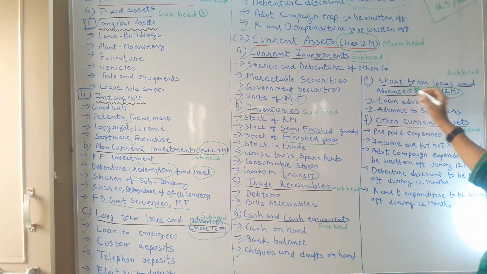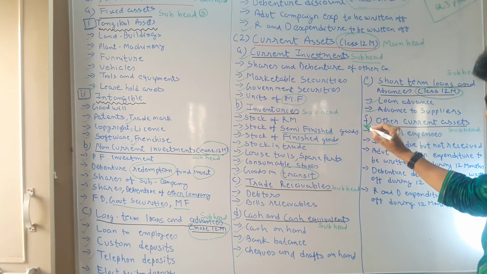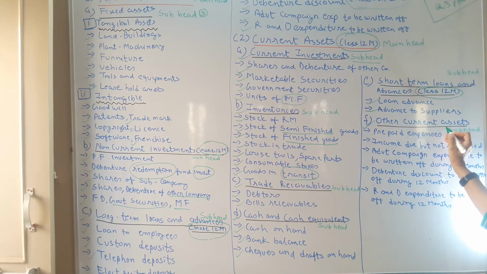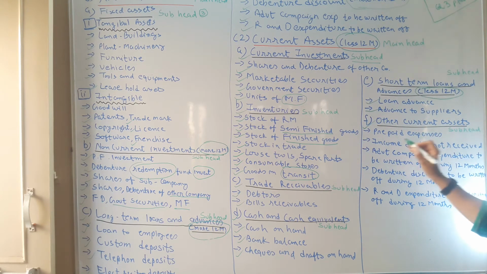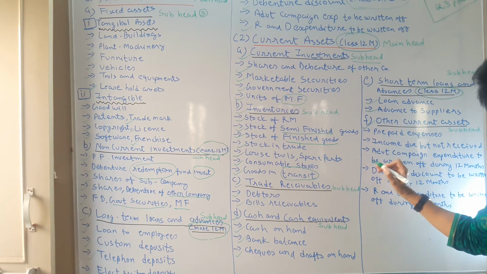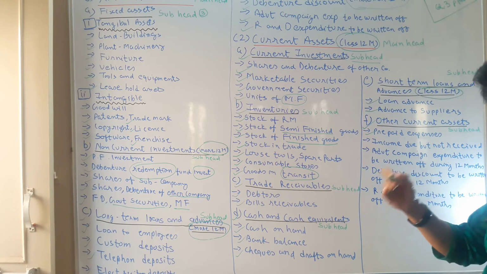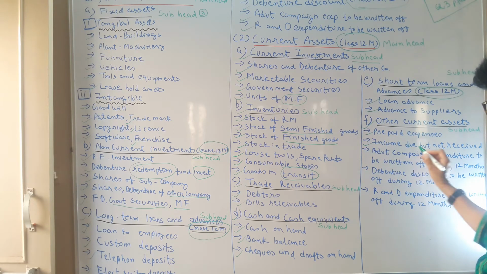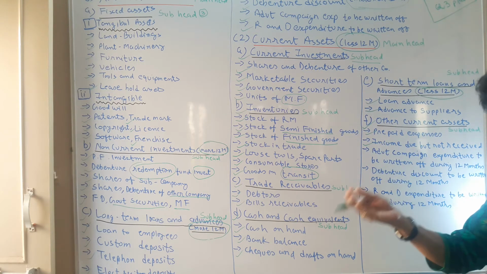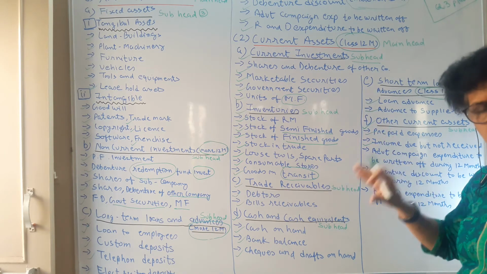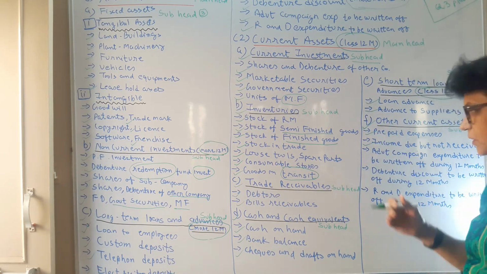So this is the short-term loans and advances. The last current asset is other current asset, which normally we record as an adjustment. Prepaid expenses, expenses paid in advance, income due but not received, the due income yet to be received by you. All these adjustments we have done in our partnership example also.